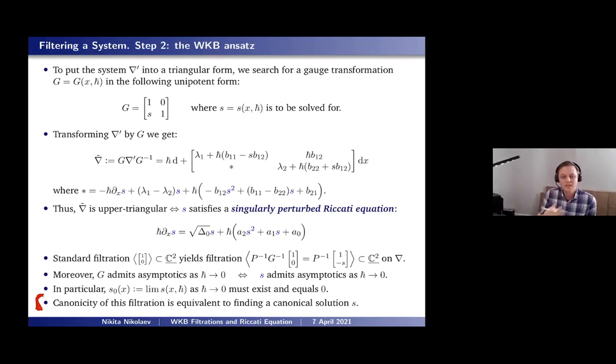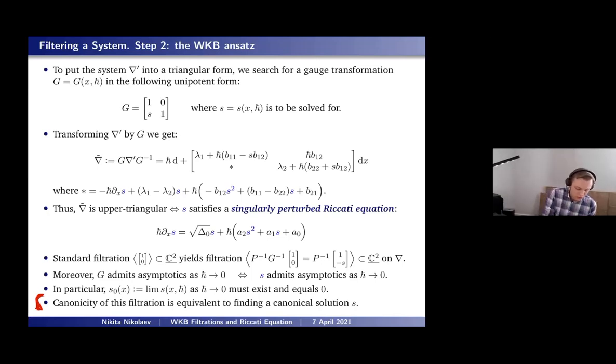And canonicity in this sense usually means uniqueness in some form. If I can nail down a unique solution satisfying some natural conditions, then I'm guaranteed that the gauge transformation that I produce is canonically chosen, and therefore the filtration that I construct is canonical. So anyway, that's the message I'm trying to convey.